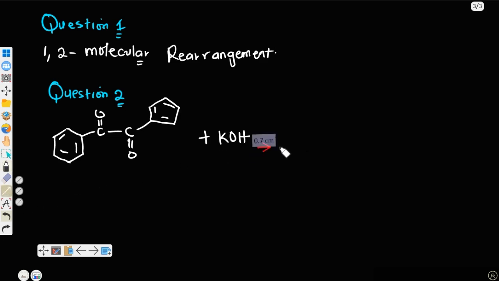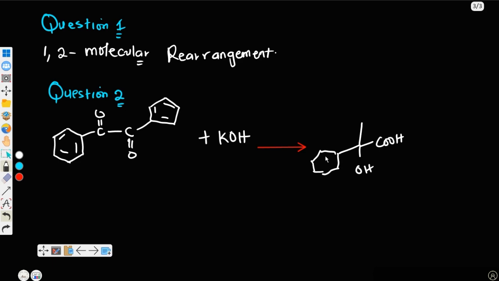So this will give us benzilic acid. What is the structure of benzilic acid? Now, benzilic acid is in such a way, let me try and bring it out, that you have an OH here, then you have a COOH group, and then you have, if I'm right with my drawing, this should be straight at least.